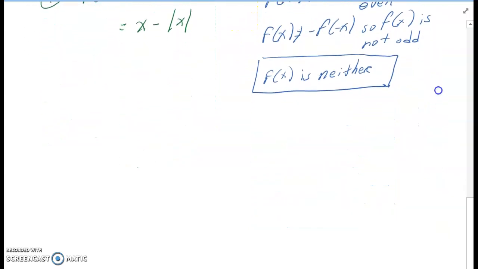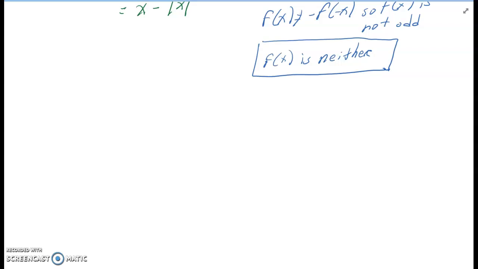Okay, we're going to try problem number 41. So problem number 41, and if you want to pause the screen after I write the question, feel free to do that. So 41 says g of x is equal to x squared plus 3 over x squared minus 1.